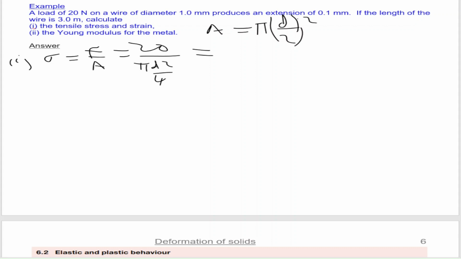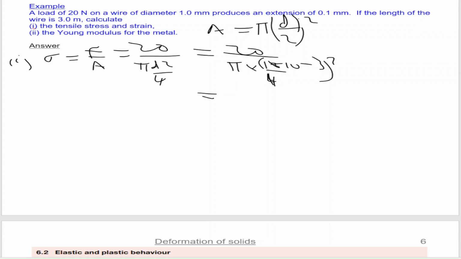This is going to be equal to 20 over pi times d squared over 4. But this is 1 millimeter, so that's 1 times 10 to the power of minus 3, squared, over 4. You're going to get 2.5 times 10 to the power of 7. These values are always big values, of the order of millions to giga.